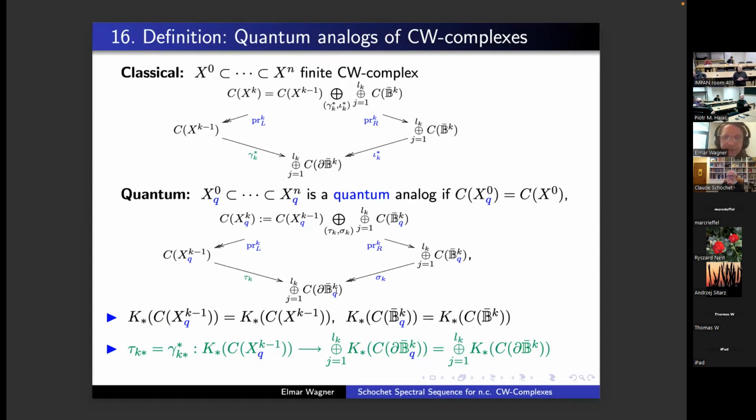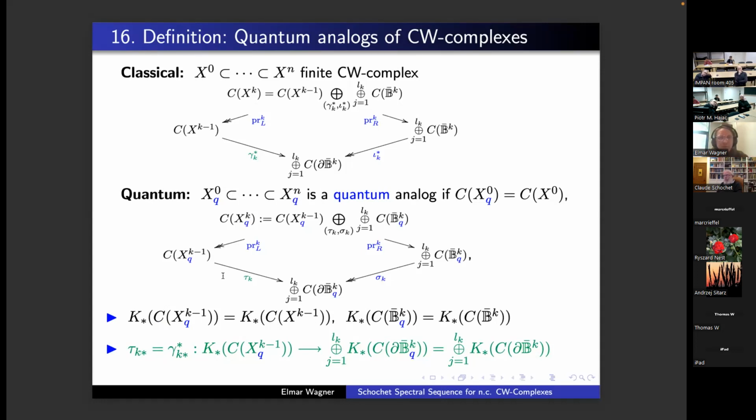We have these restriction maps, so we have these quantum boundary spheres, and we glue these boundary spheres to the previous skeleton, the (k-1)-skeleton. The k-skeleton is obtained by gluing the boundary of the balls to a (k-1)-skeleton.